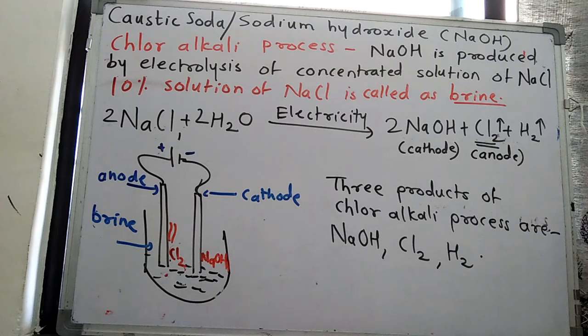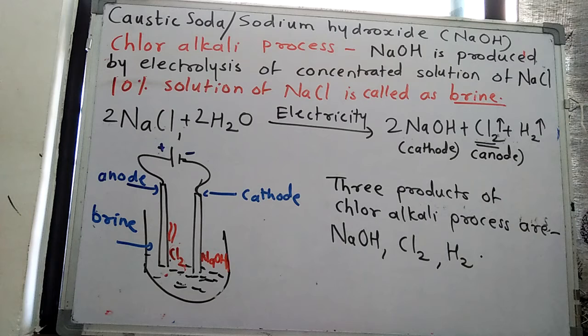So for obtaining NaOH, we need a 10% solution of NaCl. Meaning in a beaker we have 90% water and 10% common salt added in it. So the 10% solution of NaCl is called brine.